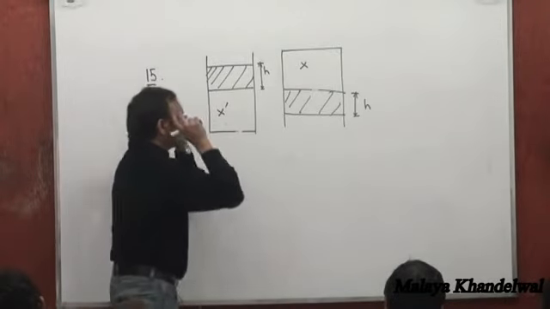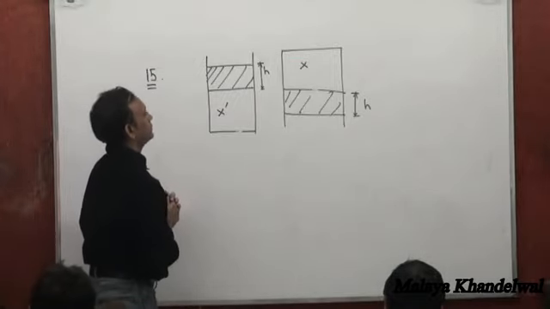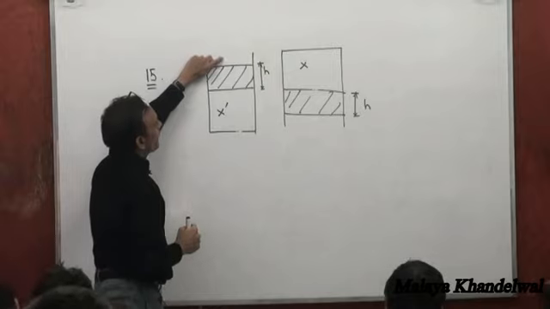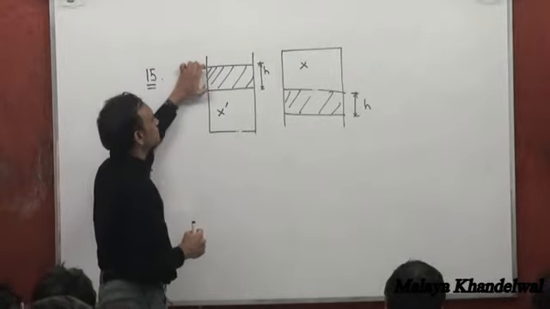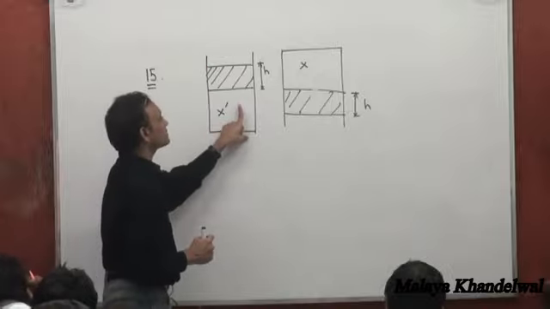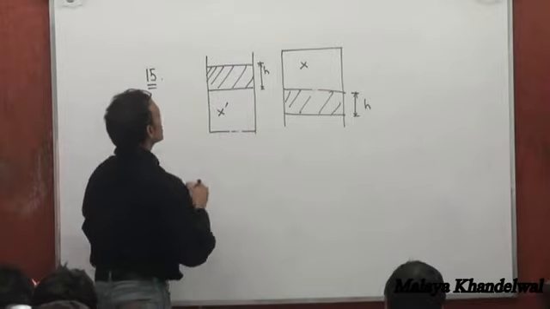Okay, very simple really. Realize that the atmospheric pressure plus h millimeters of mercury is balanced by the air pressure here. Isn't it?